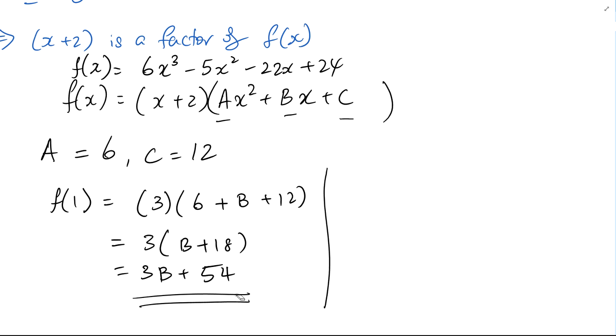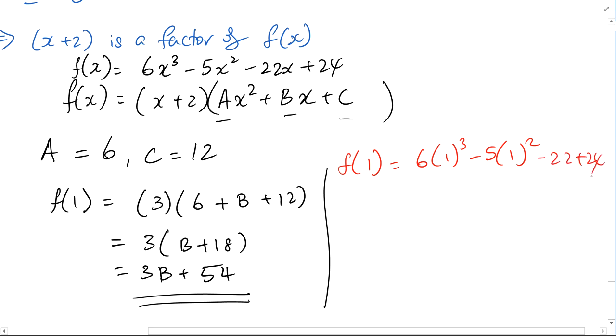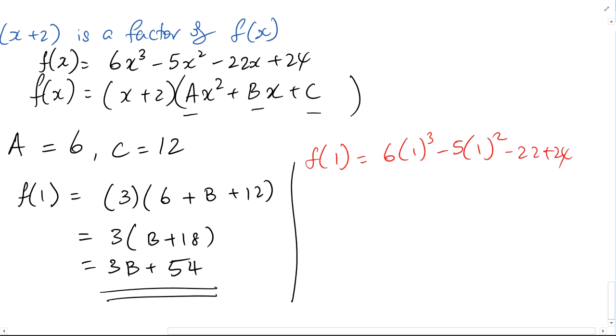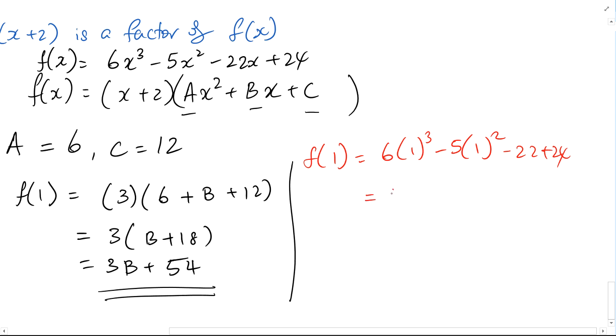Into the original equation, right? What happens if you do that? f of 1 equals 6 times 1 cubed minus 5 times 1 squared plus 2, right? Does this make sense? Okay, this is 6 minus 5 plus 2, which is 3.